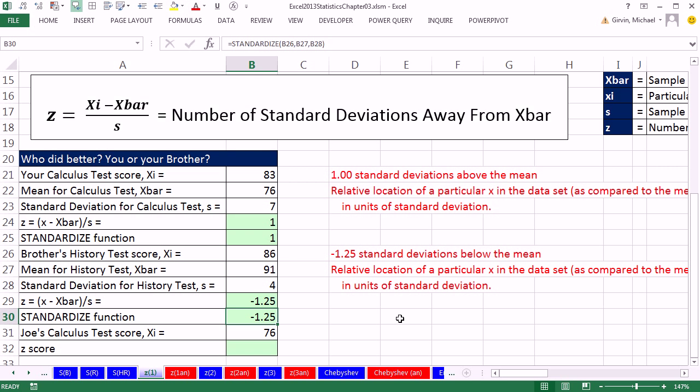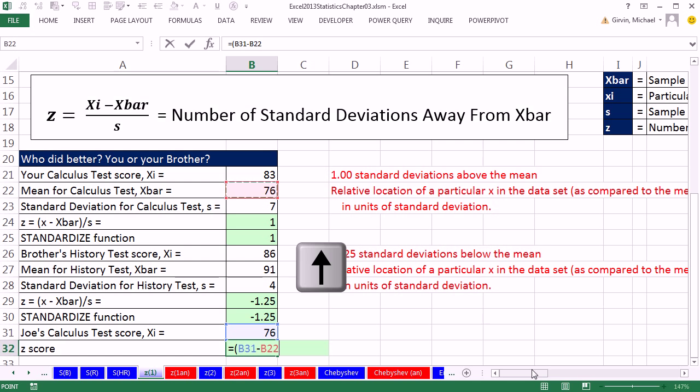So what is Z? Number of standard deviations. Now, I kind of like to do the calculation this way because it emphasizes deviation divided by standard deviation. You could do it whichever way you want. Now here, check out, there's Joe. Joe's score on the calculus test equals open parentheses his particular score minus the mean.